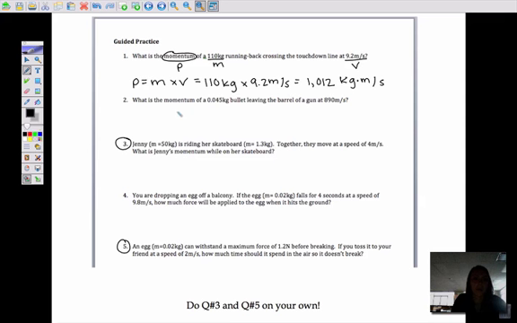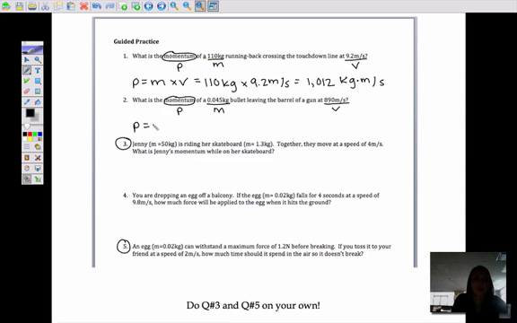Our second problem says, what is the momentum of a 0.045 kilogram bullet leaving the barrel of a gun at 890 meters per second? Again, I'm looking for momentum, which is P. I'm given 0.045 kilograms, which is a mass. I'm given 890 meters per second, which is a velocity.